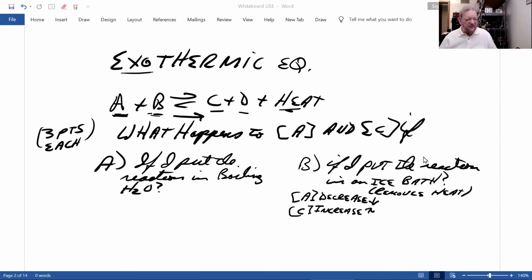All right. Now the question is, what happens to the concentration of A and C if I put the reaction in boiling water? What does boiling water do? Adds heat.